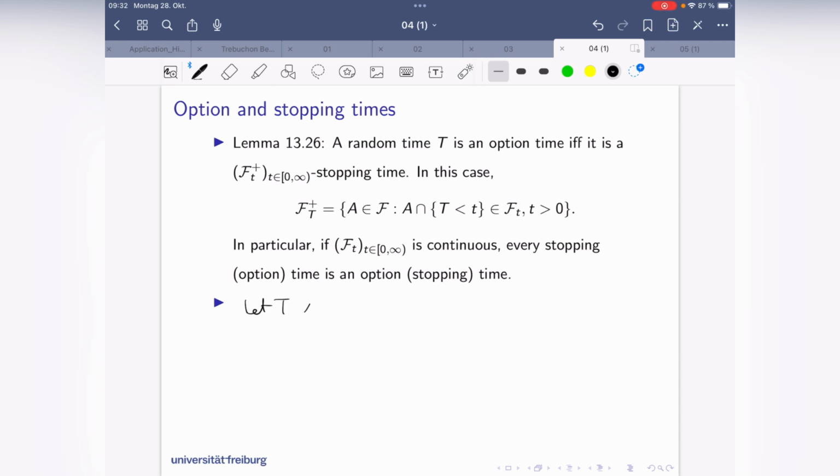Let T be an Ft plus stopping time. So I'm only going to prove that one direction. So an Ft plus stopping time is an Ft optional time. And A intersected with big T smaller or equal than small t is in Ft plus.